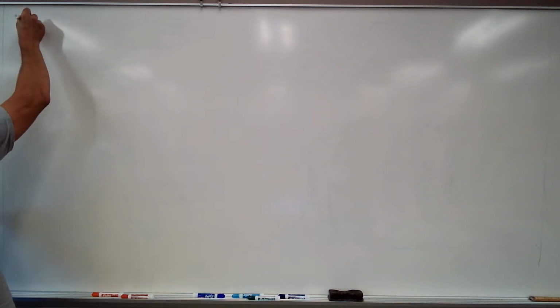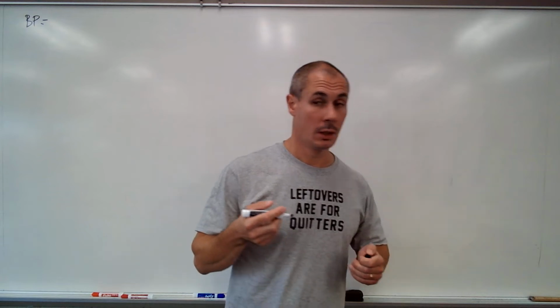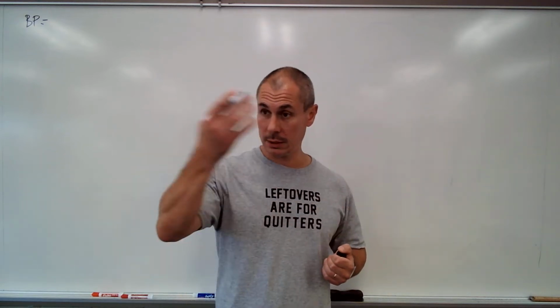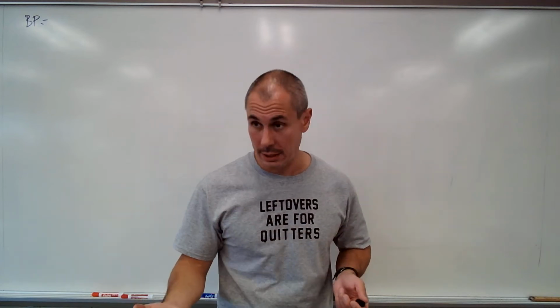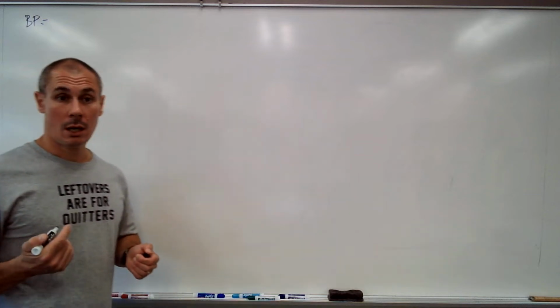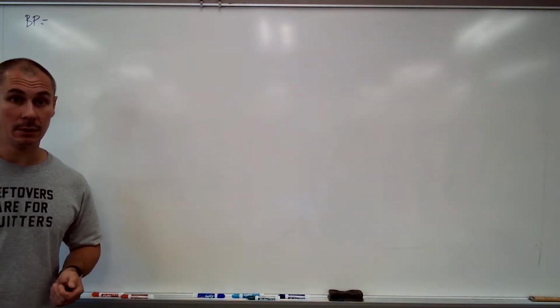So blood pressure. Now, think about it as a plumbing problem, okay? Pressure of fluid in your system, pressure of fluid in your house, depends on two factors. How much water, how much blood is being pumped, right?